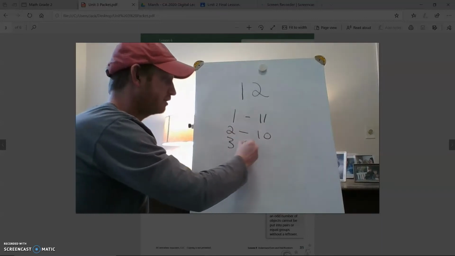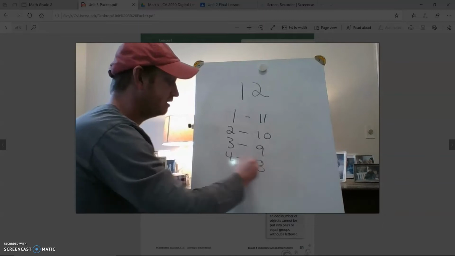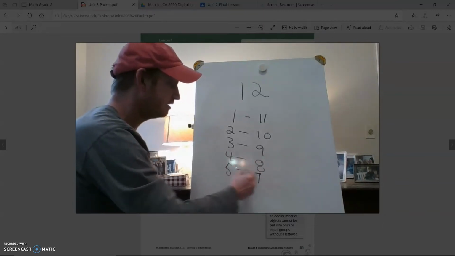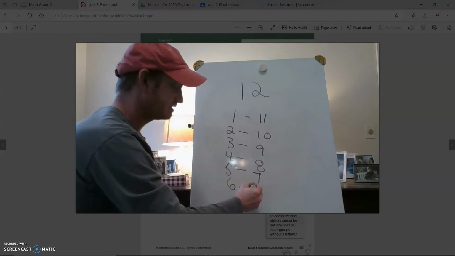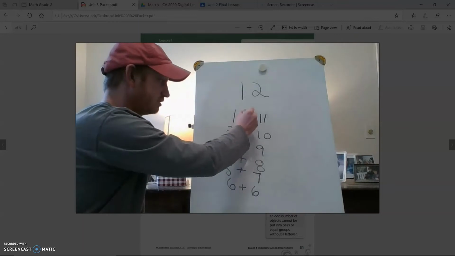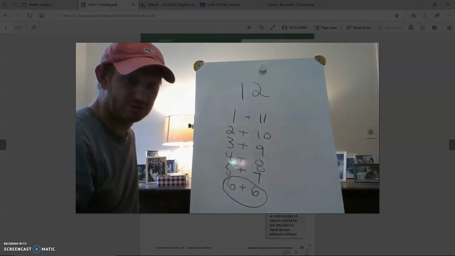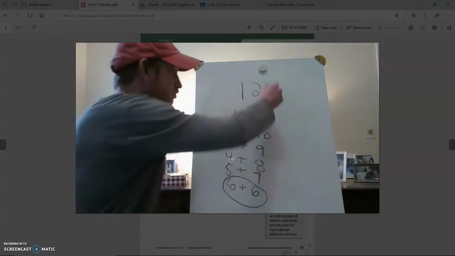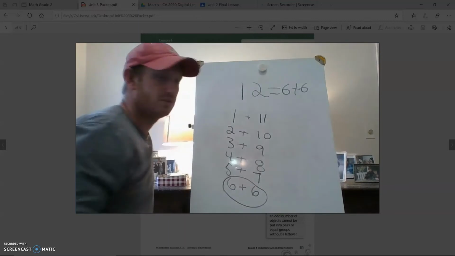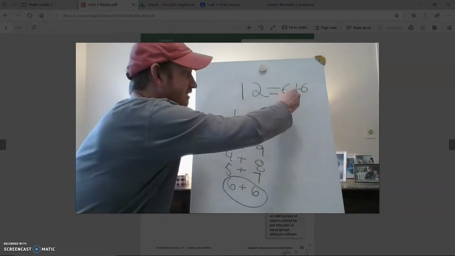We have 3 and 9. 4 and 8. 5 and 7. 6 and 6. The little pluses there, so you know that they're really pluses. And look at that, a doubles fact, 6 plus 6. So 12 is equal to 6 plus 6. And whenever we use a doubles fact, it is even.